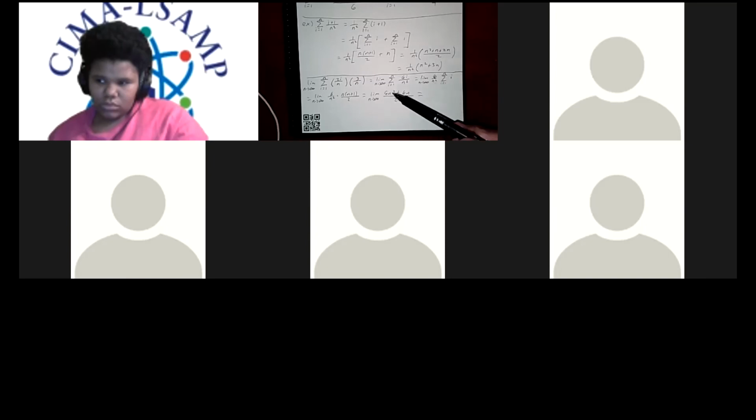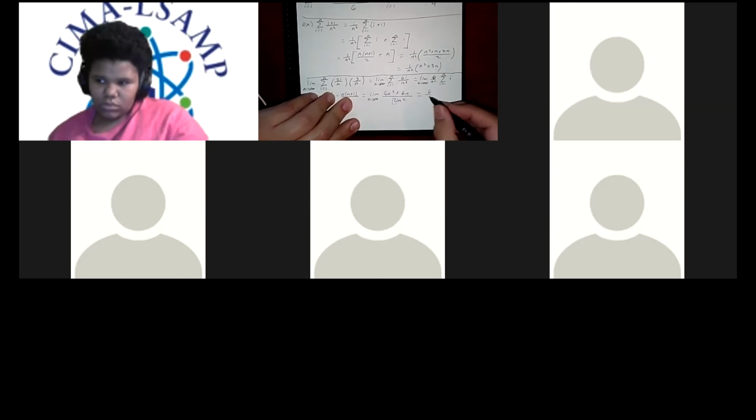So the idea, remember, you look at the highest power. The degree of the top and bottom are equal. So when the degrees are equal, you just take these numbers here. If the denominator has a bigger degree, the denominator overpowers and shrinks everything to 0. If the degree on top is bigger, the limit goes to infinity.